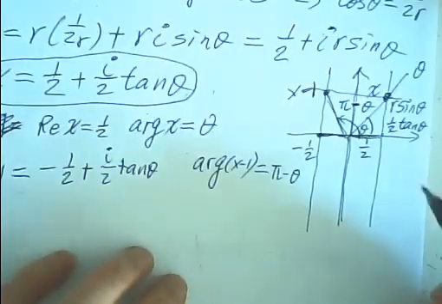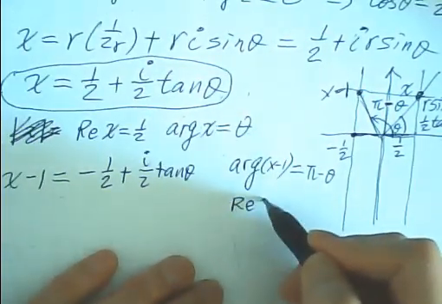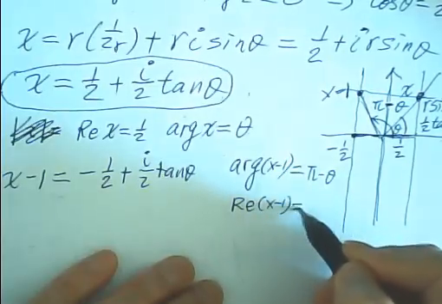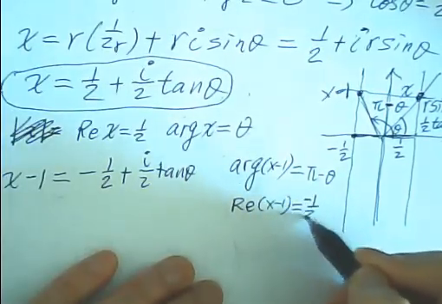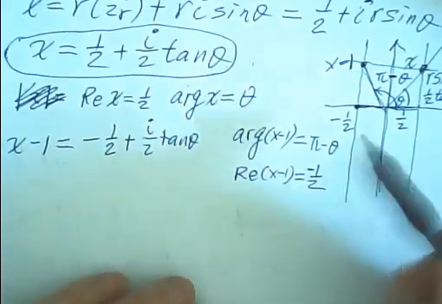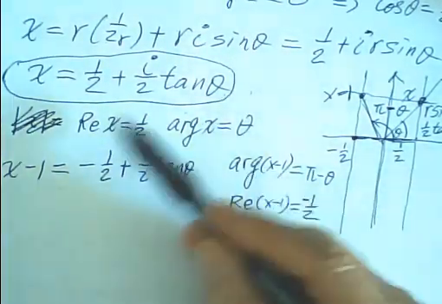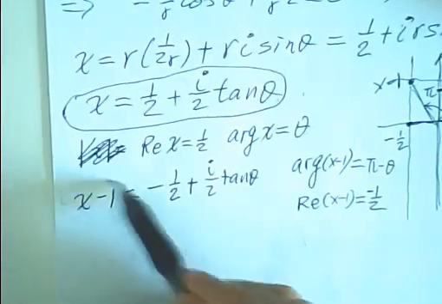The real part of x minus 1 is negative half. I tried to catch the main feature of these two complex numbers, which are x minus 1 and x.